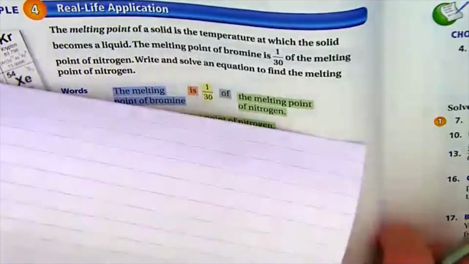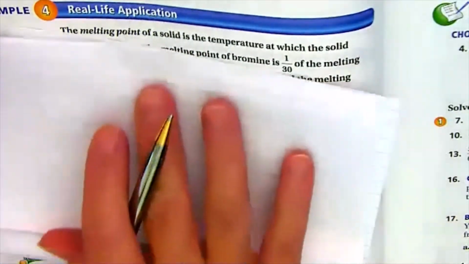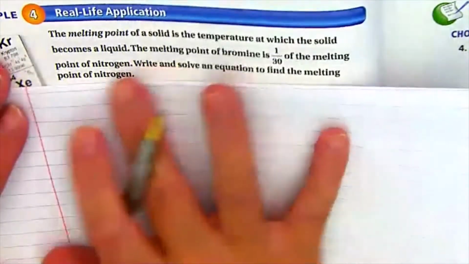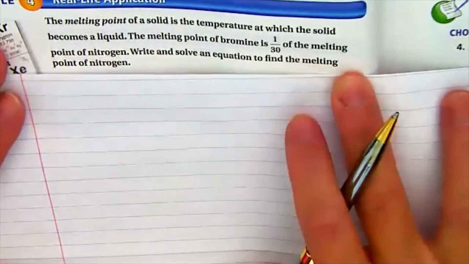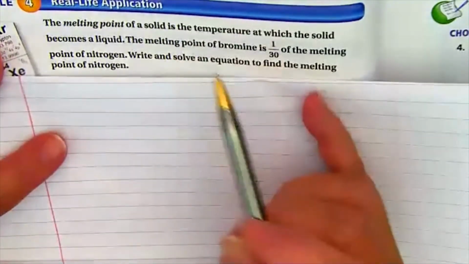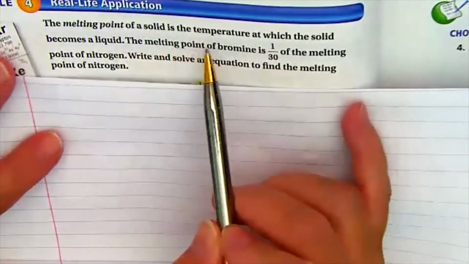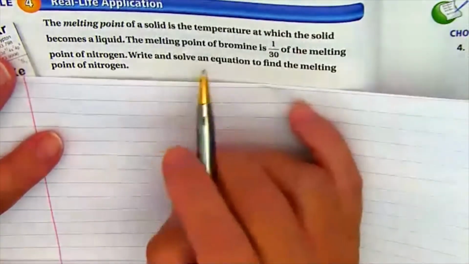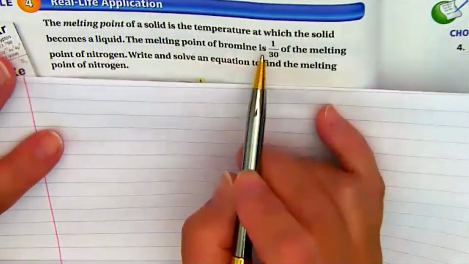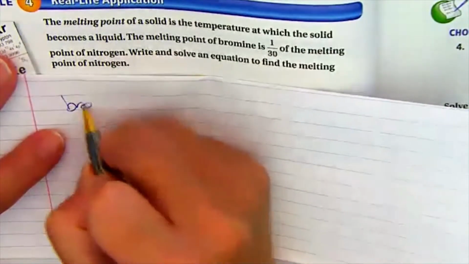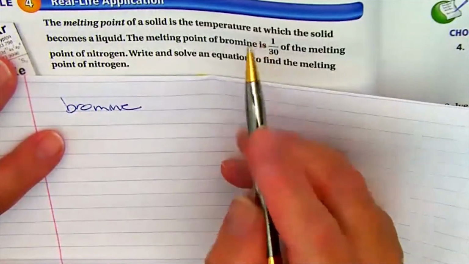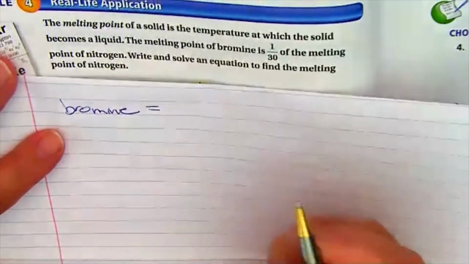Okay, so we need to turn this word problem into a number problem. We need to turn these words into numbers, something we can work with. So the melting point of a solid is the temperature at which the solid becomes a liquid. The melting point of bromine is, okay, I see bromine, and is means equals.